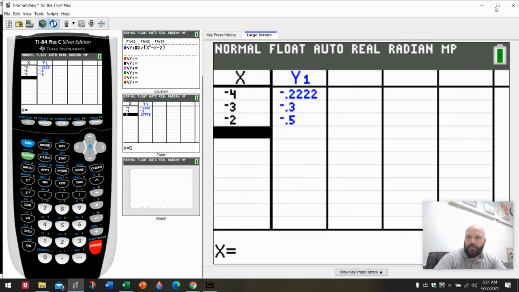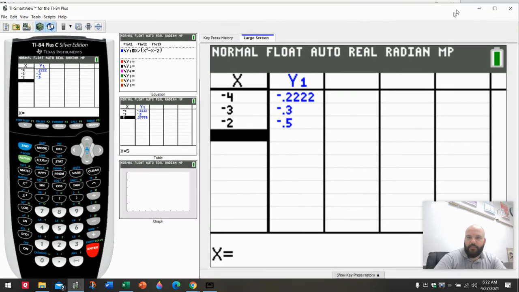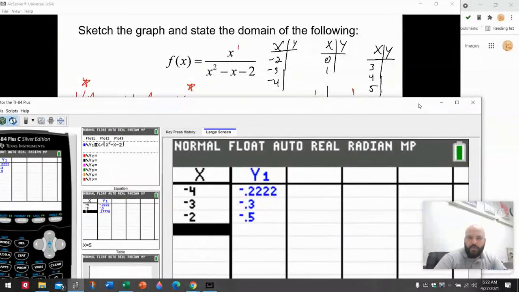You can see those three values get written right here. So -2 gives -0.5, the -3 is -0.3, and then -4 is -0.2. I'm sorry, I misread the first one; it should have been -0.5, like that.